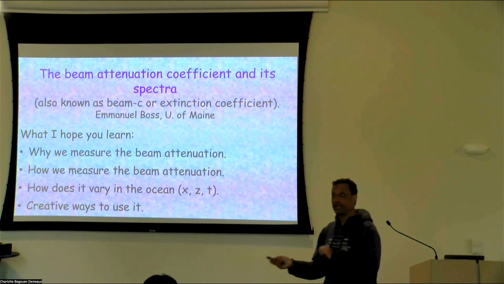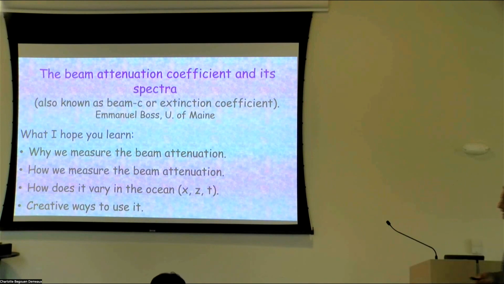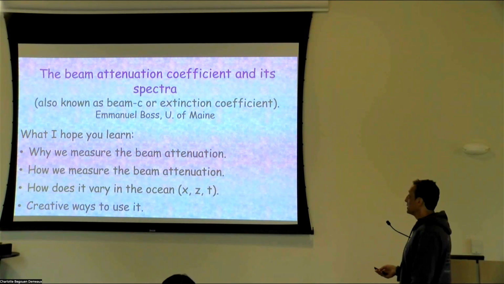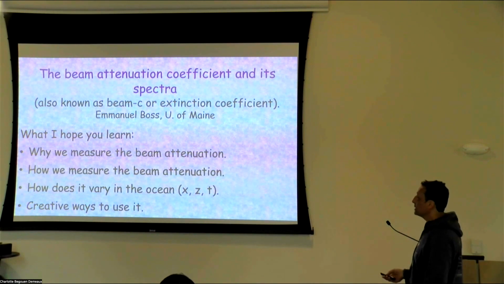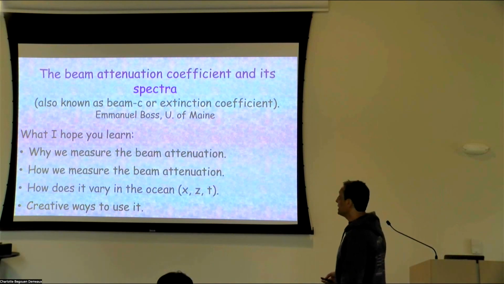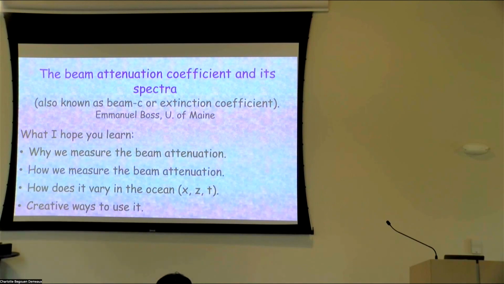All of that is interrelated in the literature. So you see extinction coefficient, beam C or beam attenuation, we're talking about exactly the same thing. We'll talk about why we measure beam attenuation, how we measure it, how it varies in the ocean as a function of space and time, and also creative ways to use it to study ocean biology.